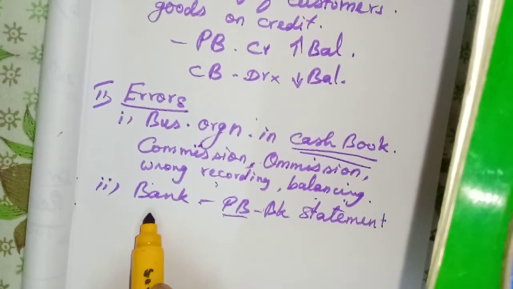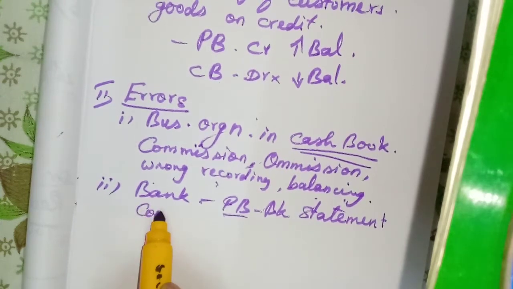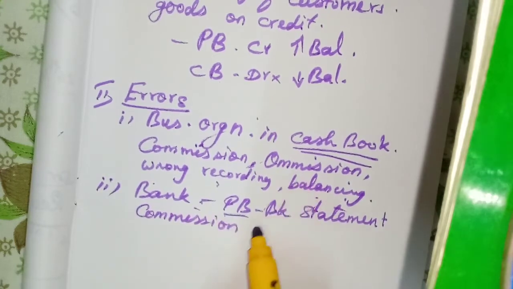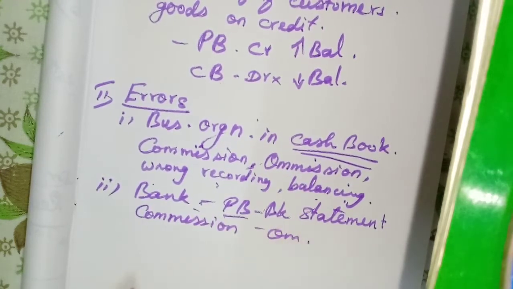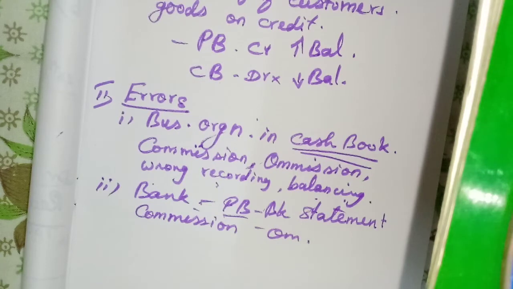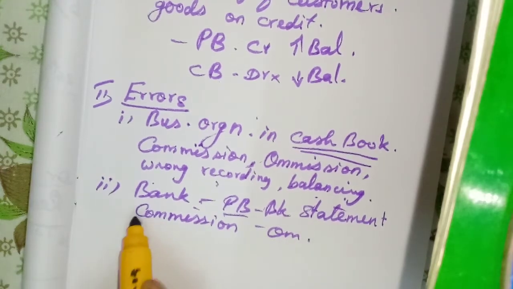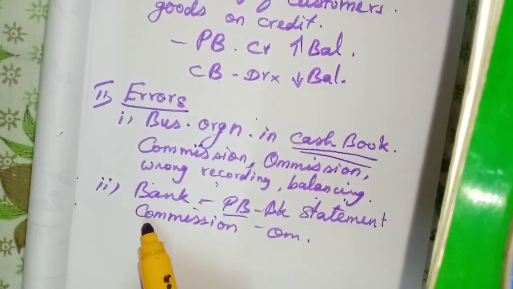They can write another amount: error of commission, error of omission, then wrong recording, balancing. Any type of errors can be done by the bank officials also.